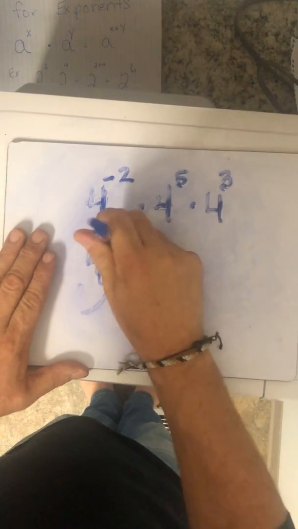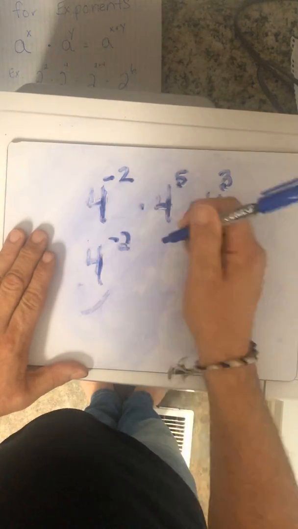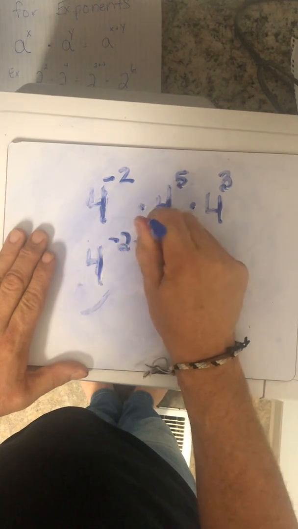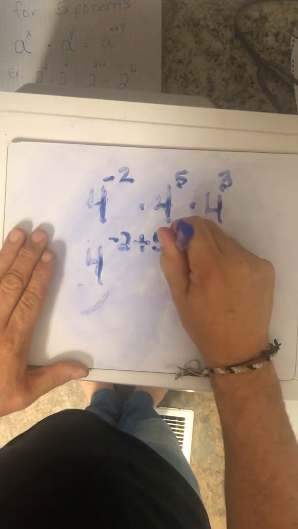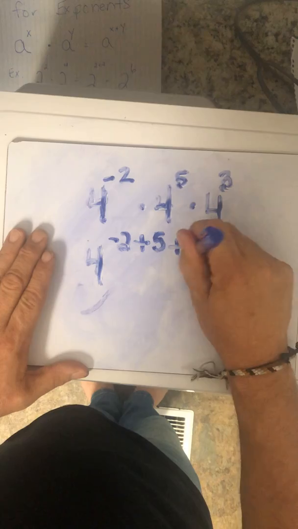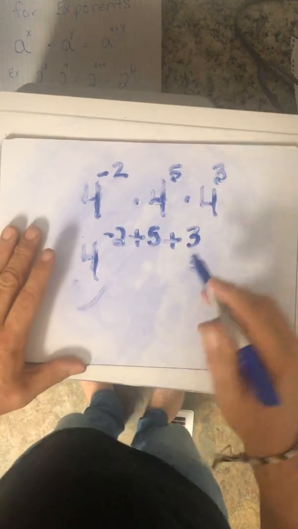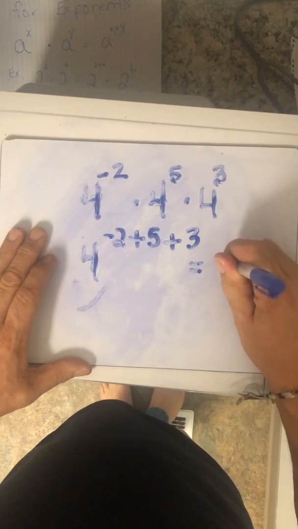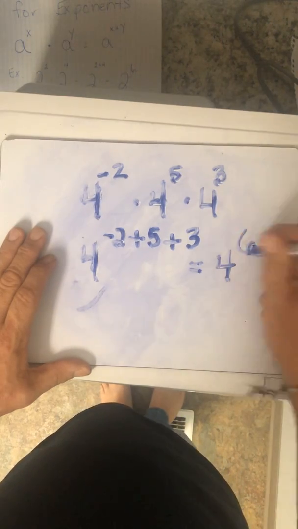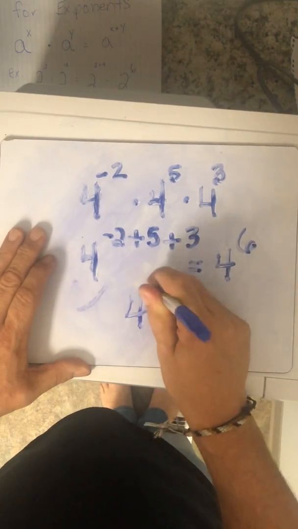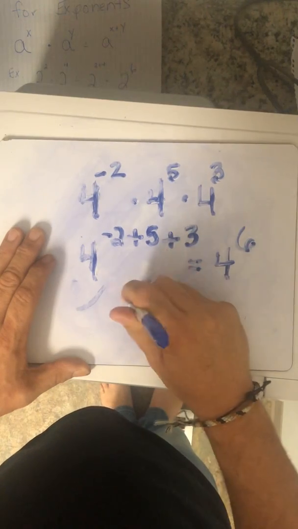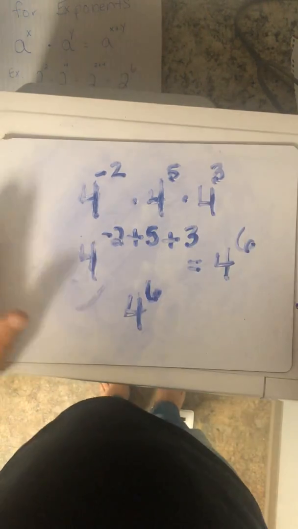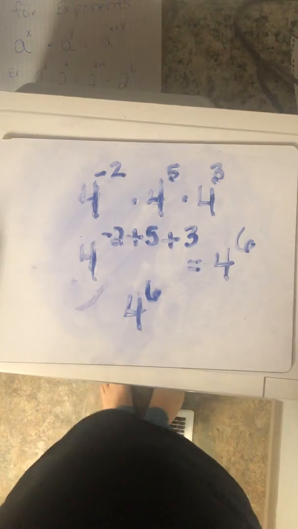So negative 2 plus 5 plus 3. 5 plus 3 is 8, and negative 2 gives me 4 to the 6th power. So hopefully you got that.